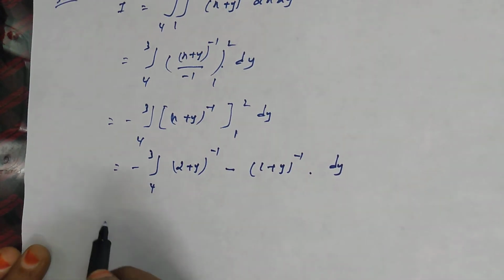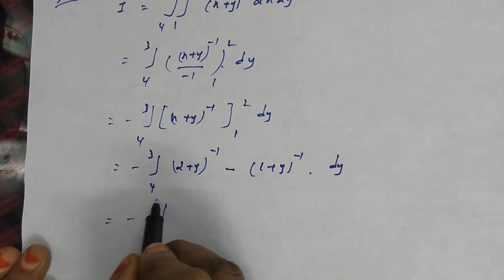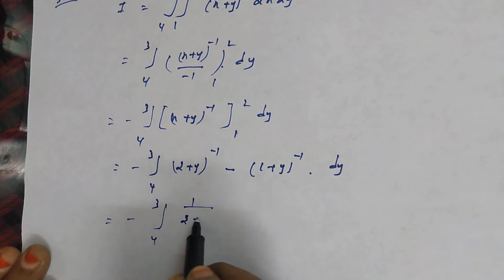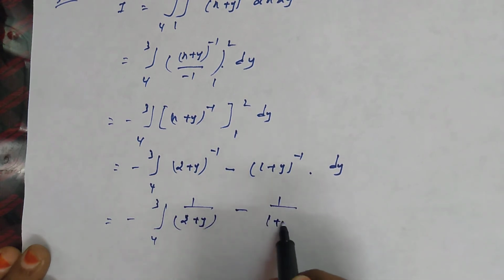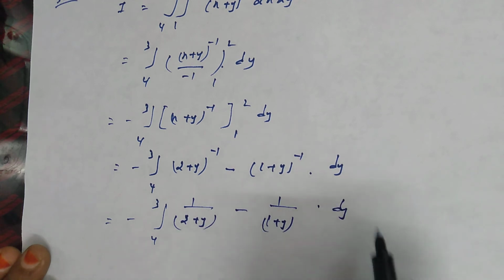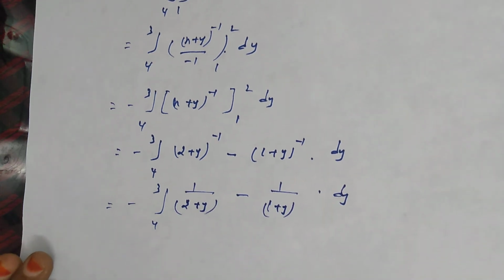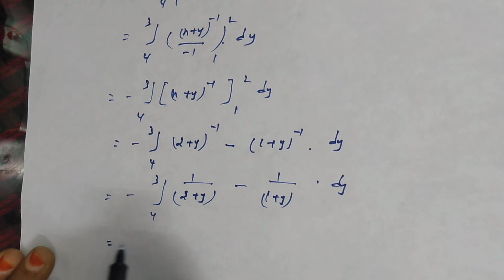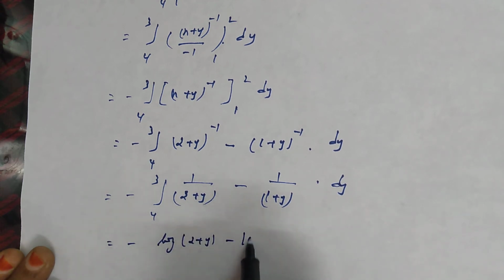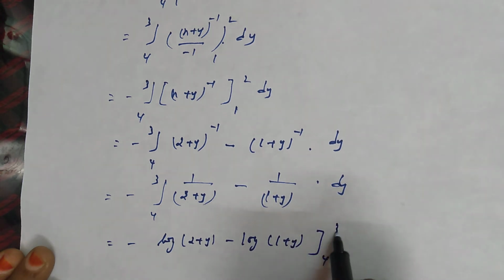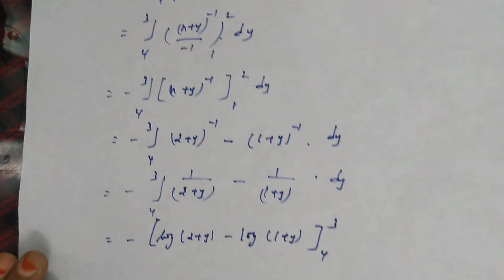This can be written as the integral from 4 to 3 of 1 by 2 plus y minus 1 by 1 plus y into dy. The integration of 1 by x is log x. So this can be written as minus log of 2 plus y minus log of 1 plus y with the limit 4 to 3.